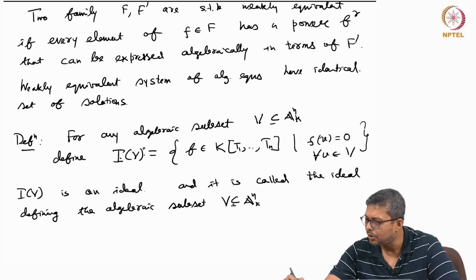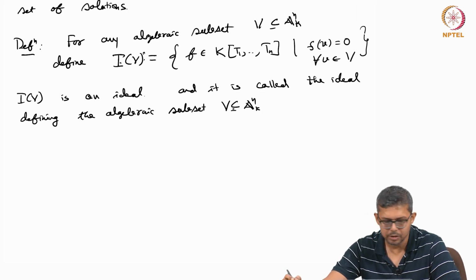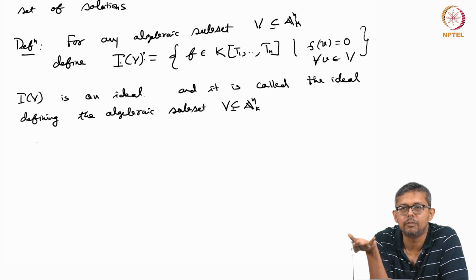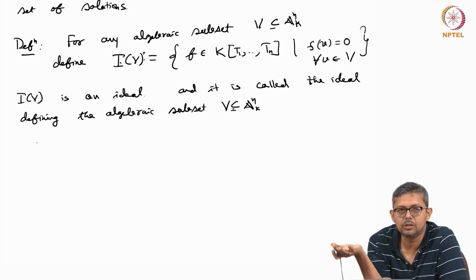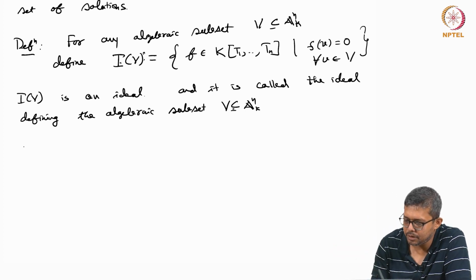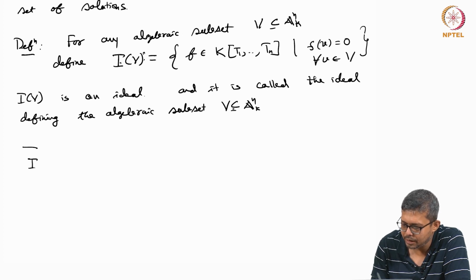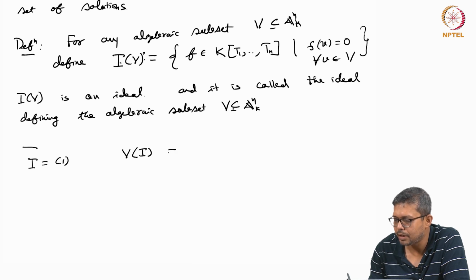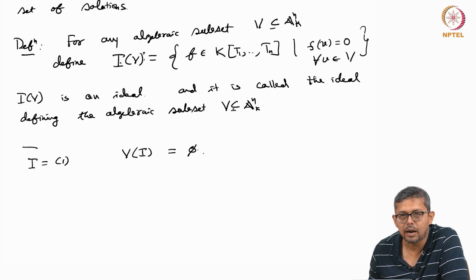So now you notice that instead of the subset, you could have taken an ideal. An ideal is also a subset. So for example, suppose the ideal I is the unit ideal. Then if you take the system of equations as I, what is V(I)? V(I) is empty, right.